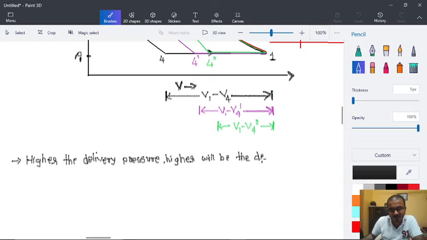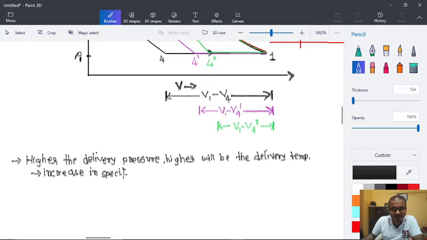Obviously, this is the fact. So this will further increase the specific volume, because as the temperature increases, the specific volume will also increase.